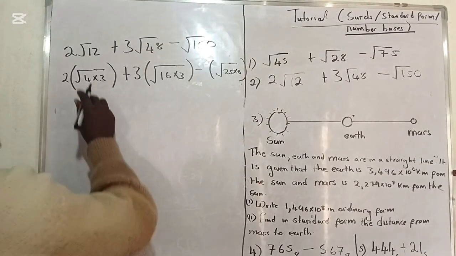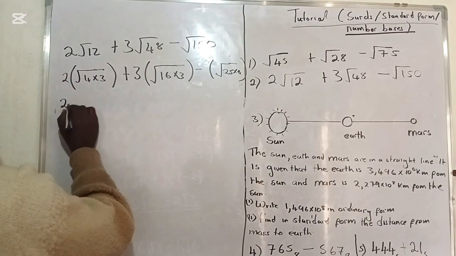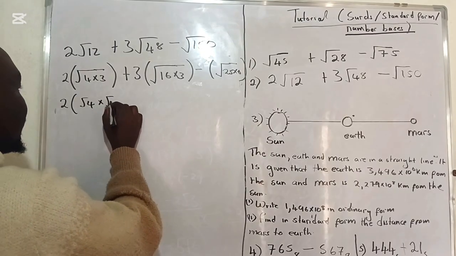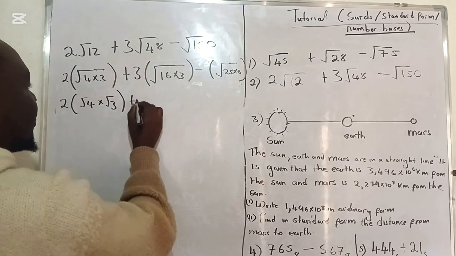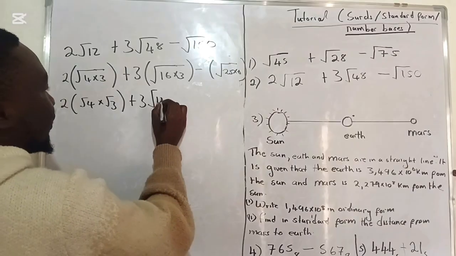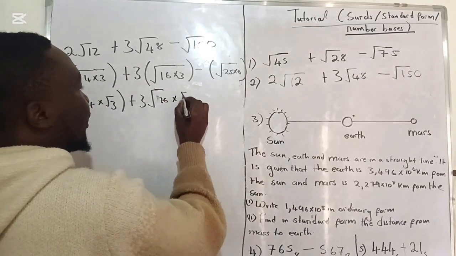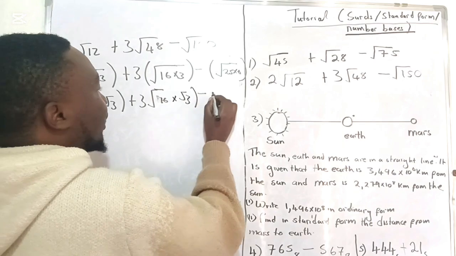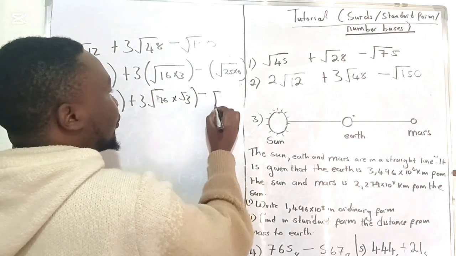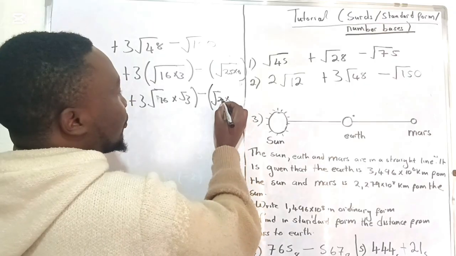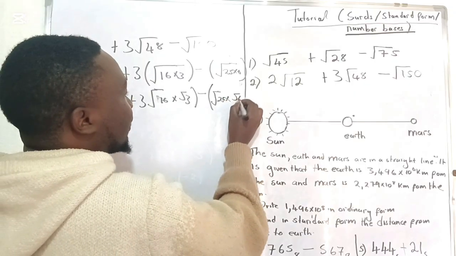Here, let's distribute the square root sign. Root 3, then you close the bracket. Then you have root 16 multiplied by root 3, minus root 25 multiplied by root 6.